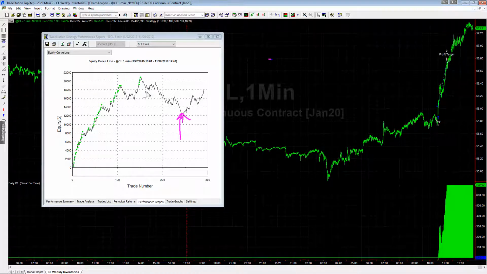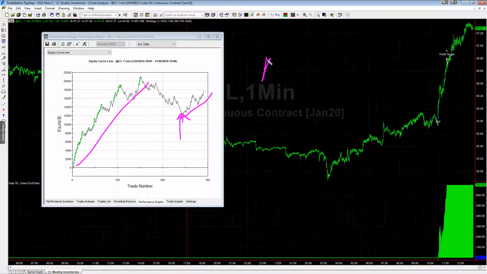You could manually consider trading this with a stop loss of $3,000 on the strategy, because that was the worst case drawdown in this time period. So you could manually just do that, or you could use the money management algorithms.